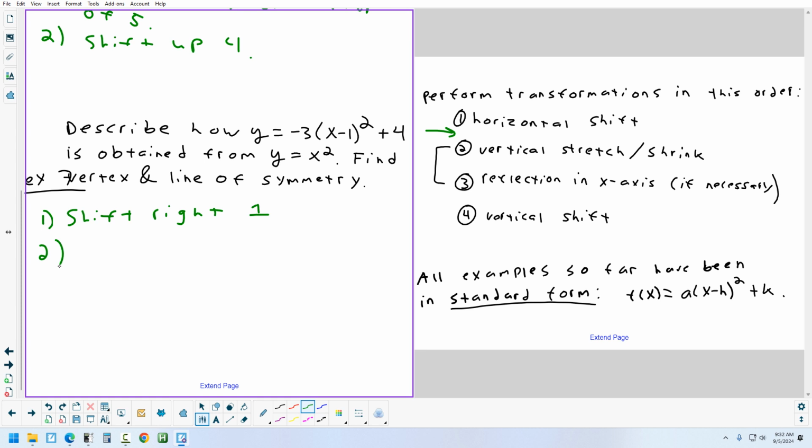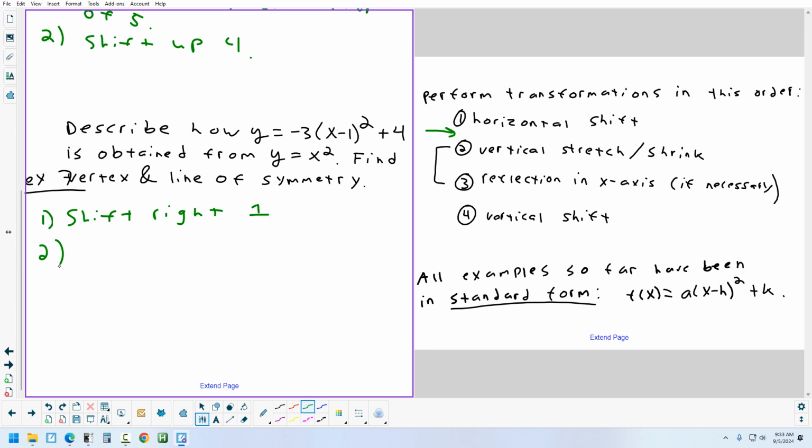Well, vertical stretch, that has to be the next one. Clover, how would you describe the vertical stretch? So start out with vertical stretch.